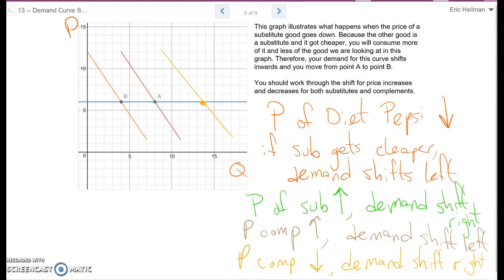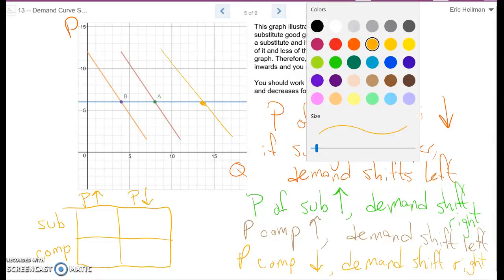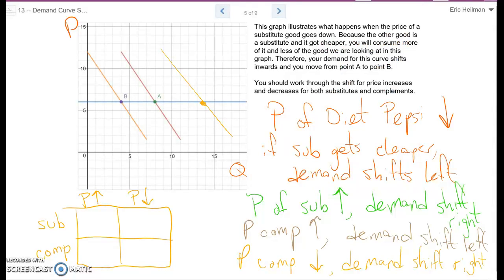Let me probably make a little table. In this table, if the price of a substitute goes up, then demand is going to shift to the left.